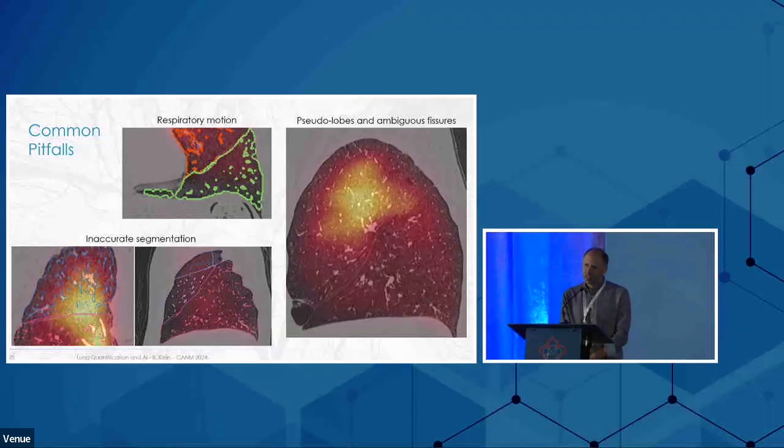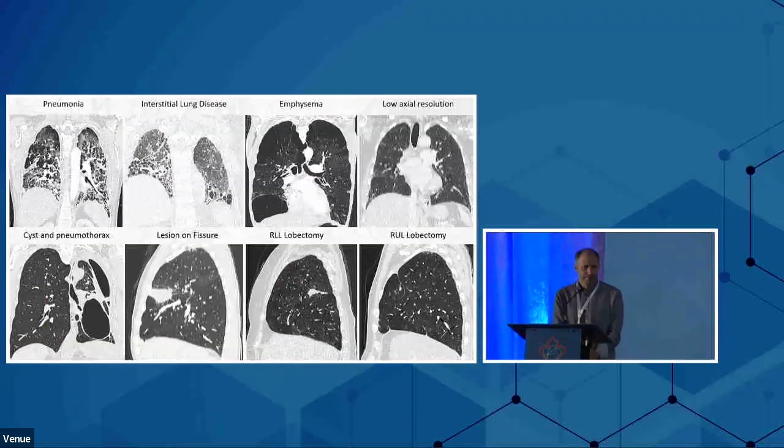As a physicist, I struggle with this sometimes. And so my word of advice, if you're putting this in the hands of technologists, is to really encourage good communication with the physician so that they can guide whoever is doing the segmentation to follow the fissures as expected by a trained physician.